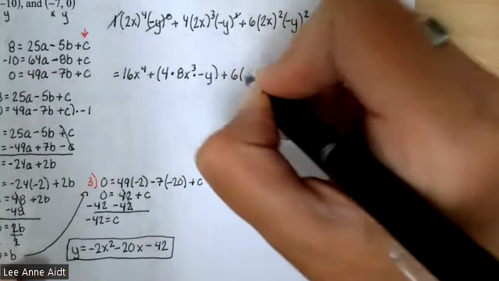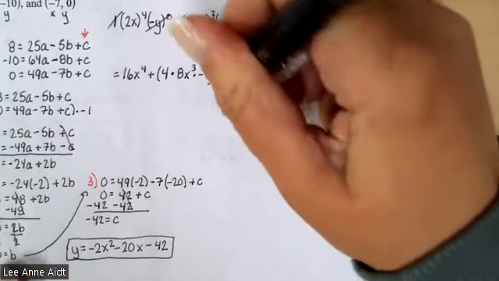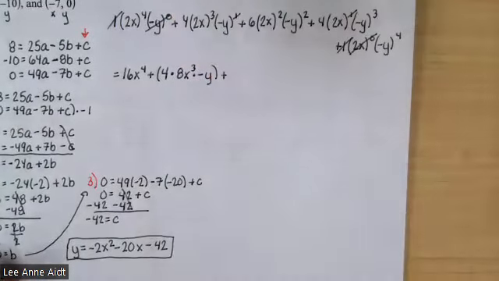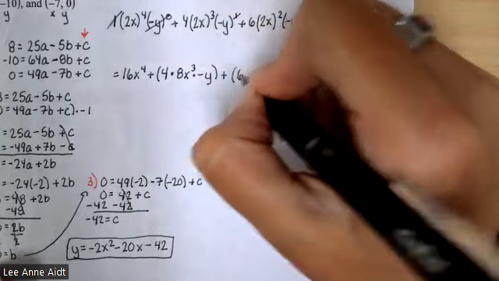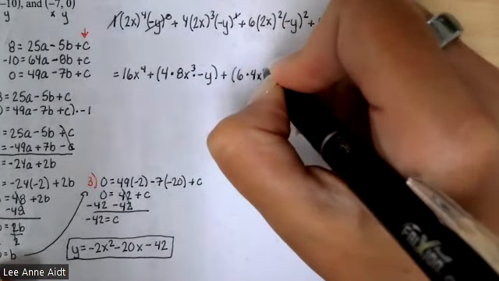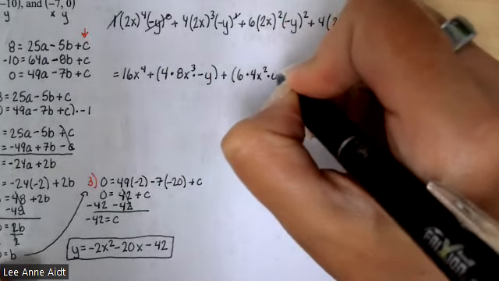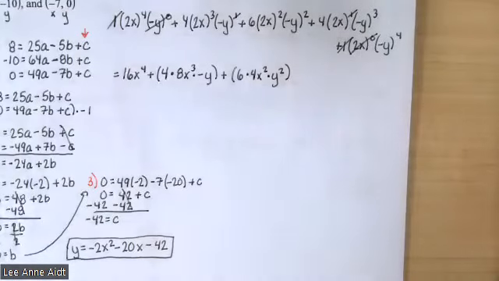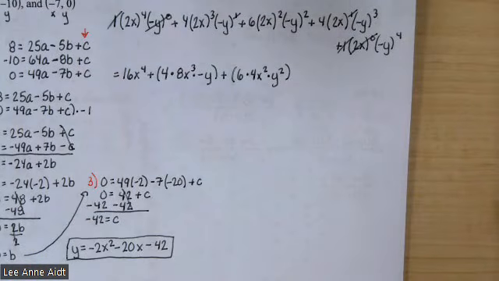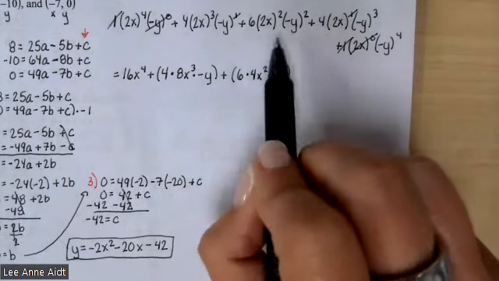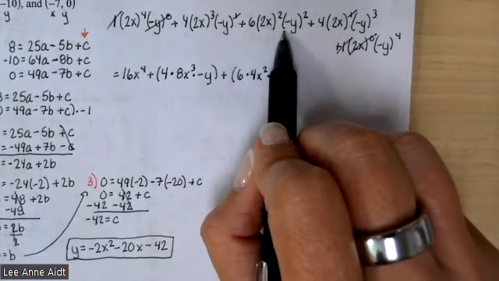Plus 6 times 4x squared times positive y squared. Do you see where the positive y squared came from? Negative y times negative y.